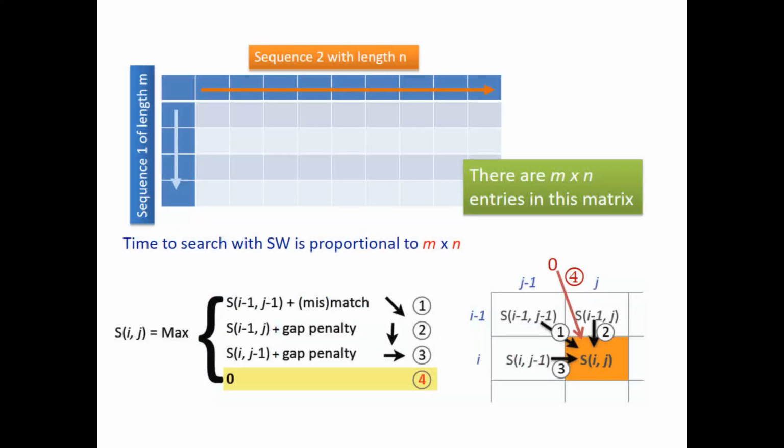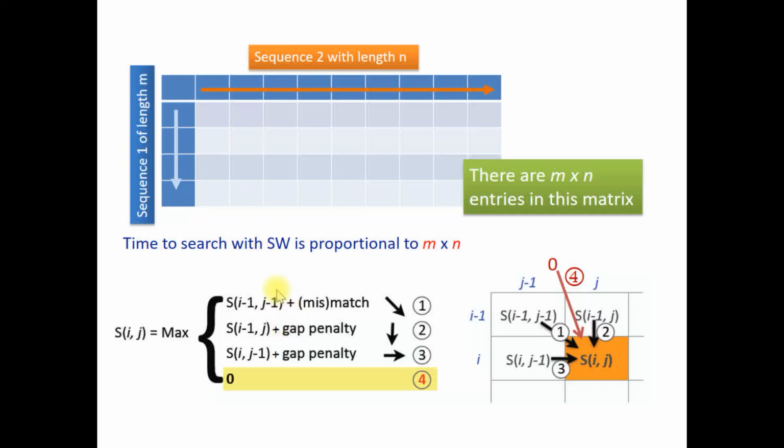Next, let's estimate the time it takes to perform a sequence alignment using the Smith-Waterman algorithm. If we have two sequences on the column and the row of a matrix, then the alignment score S_ij can be considered as indexed by the matrix elements.